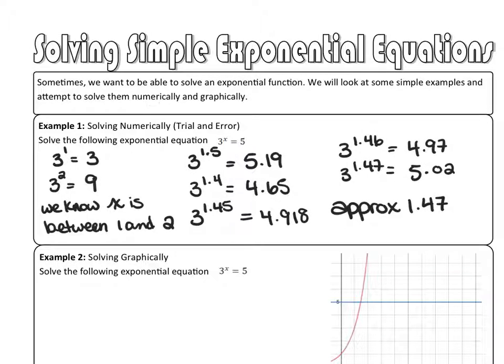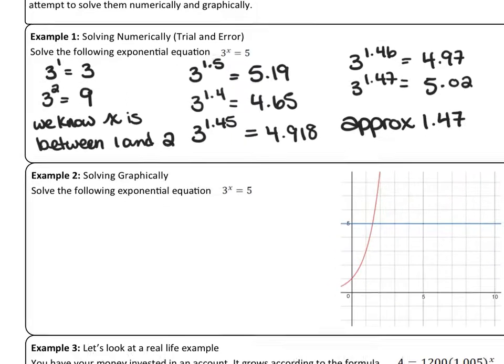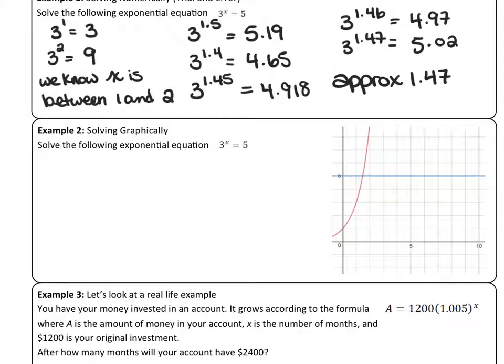Okay, you can also solve this graphically if you wanted. Down here, what I did is I went on to Desmos and I graphed the two equations. The first one I graphed was y equals 3 to the x.